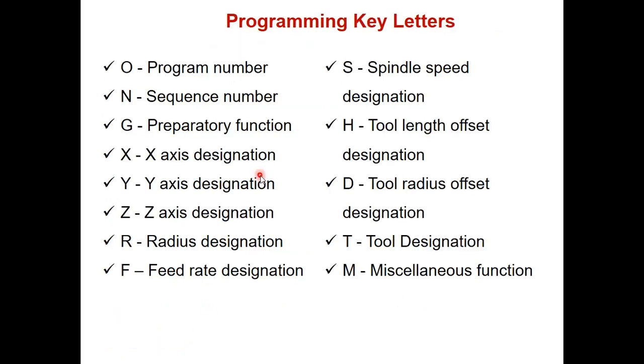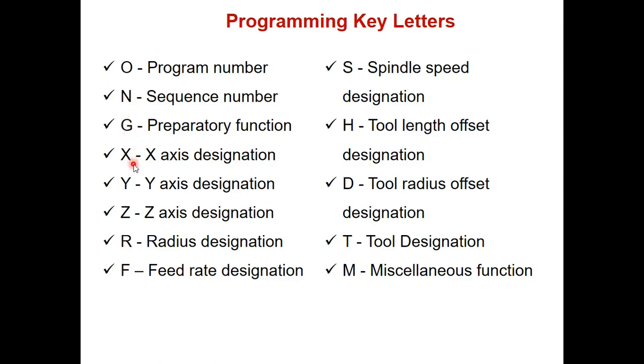So what are these programming key letters? You can see we have a few key letters here. O is for program number, so whenever a program number is given, it should start with O, like O123 or O545. N is the sequence number, the line number, so I can have N10, N20 as the next line numbers. G is the preparatory function.